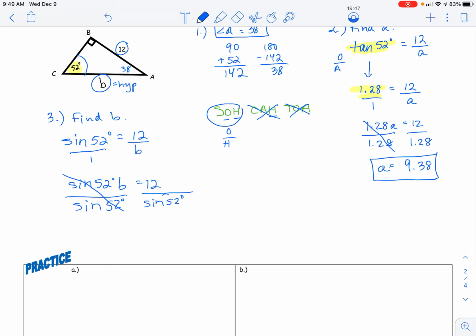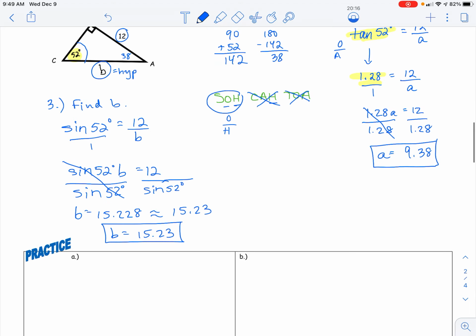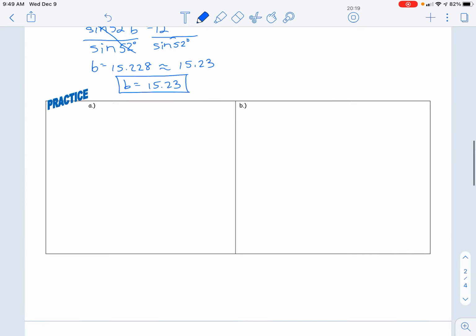So let's do 12 and divide it by, put in 52 and hit sine and then hit equals. You're going to get 15.228. And we're going to round that to 15.23. So B is equal to 15.23. When I didn't do that, I think I came up with just under that, like 15.18 or something like that.